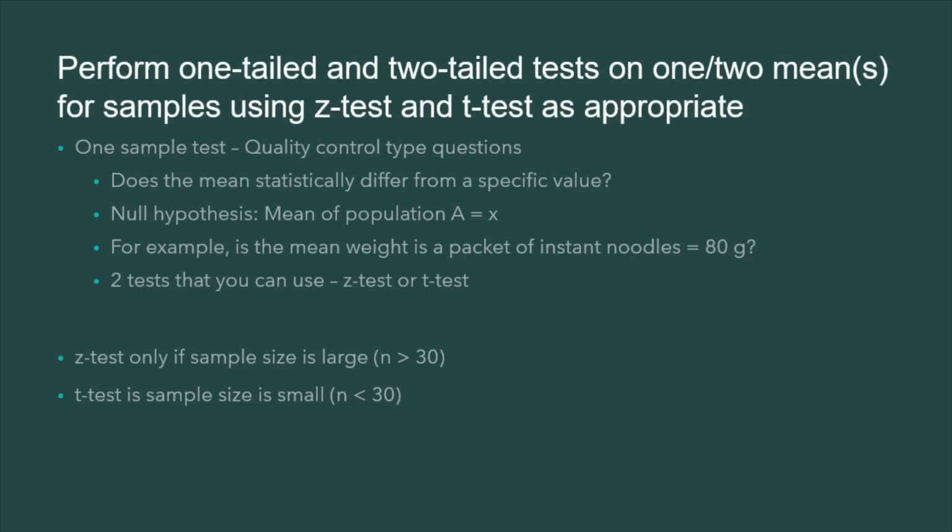Well, z-test is for large samples, and statistically speaking, when sample size is more than 30, it can be considered a large sample. If sample size is less than 30, then we should use t-test. In fact, t-test is meant for small sample sizes. So you can see that z-test is not very useful in a practical sense since it requires large sample size.